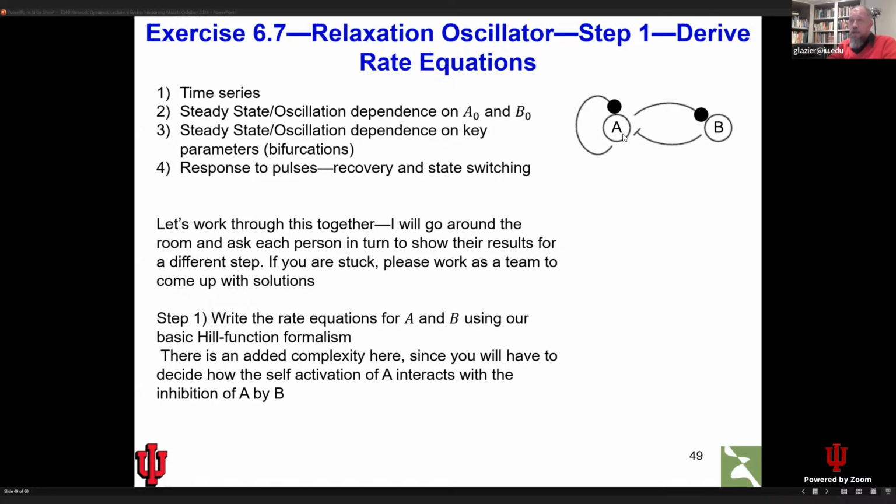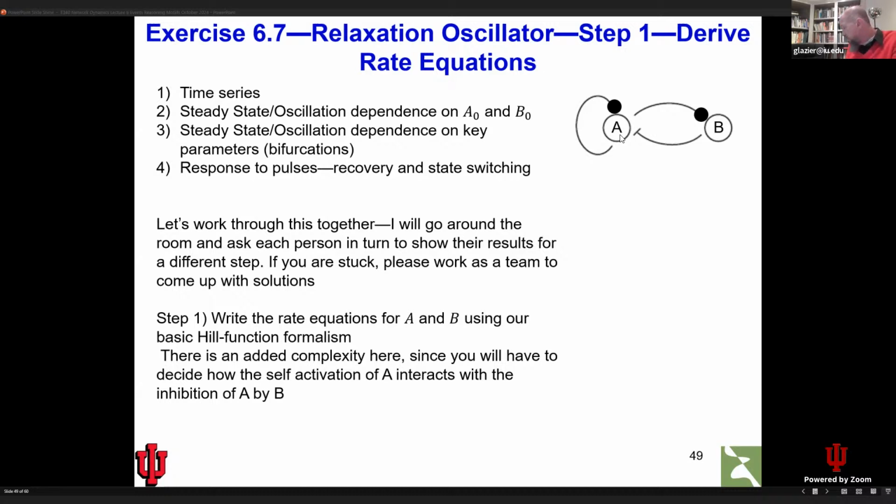So B only depends on the concentration of A, so there's no combination here. But A is promoted by A and it's inhibited by B. And so I have to decide how that incoherent signal of A and B combine.